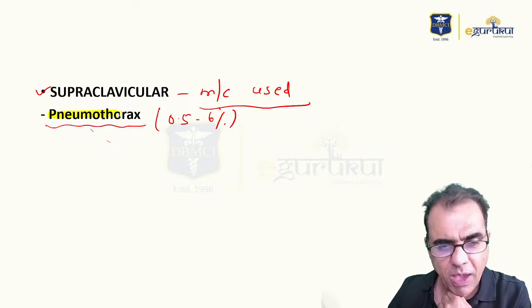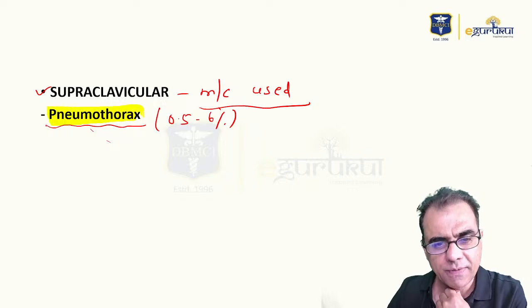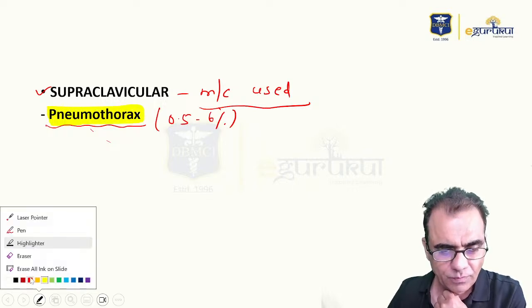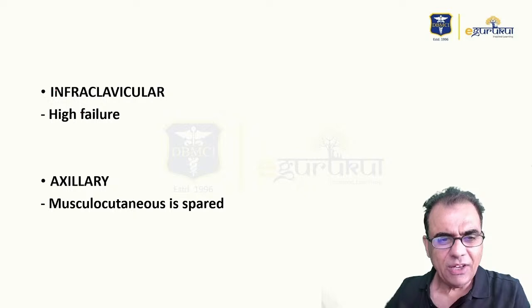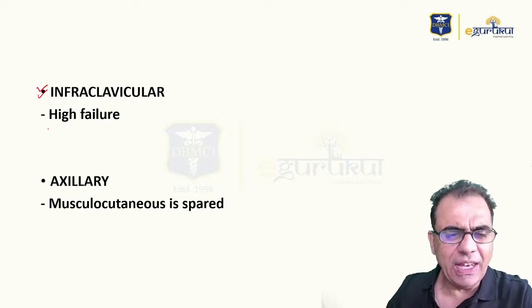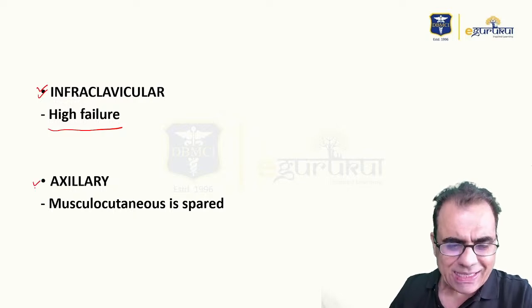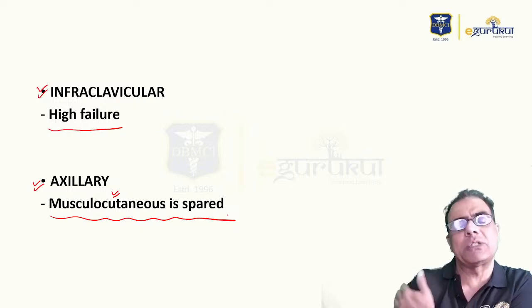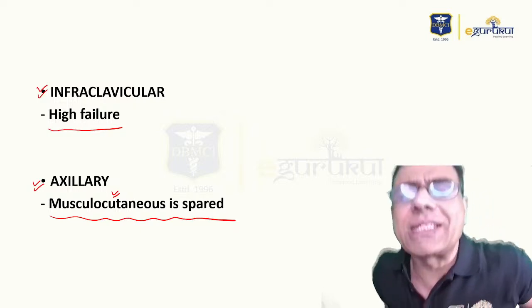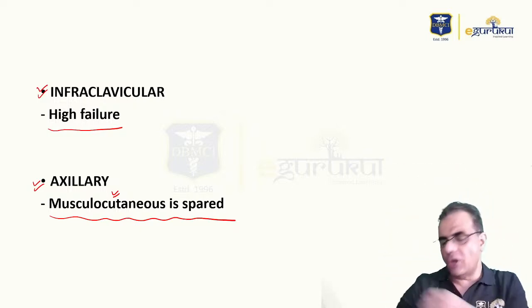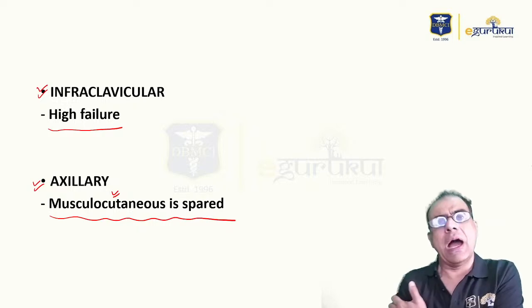Infraclavicular has a very high failure rate, so that is not used. Axillary, usually the musculocutaneous nerve gets spared, which means it cannot be utilized for arm surgeries.